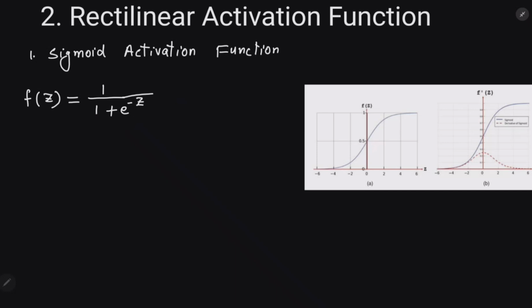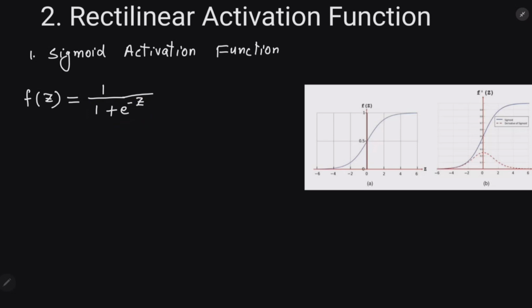This quantity can have some numbers. For example, if this quantity has a value of 2, then 1 will be added to the 2, and you can see that at the end we will get a value less than 1. And it is true for all the values of the denominator.